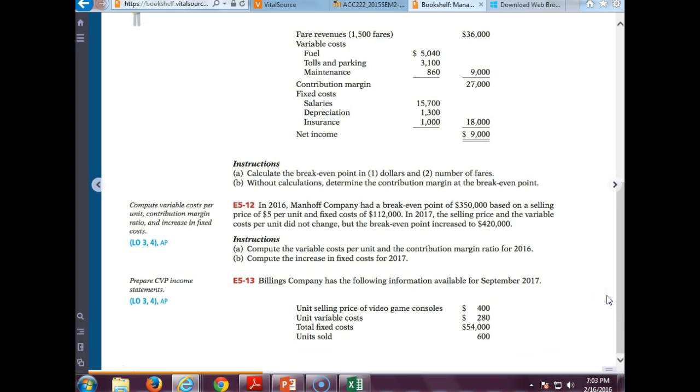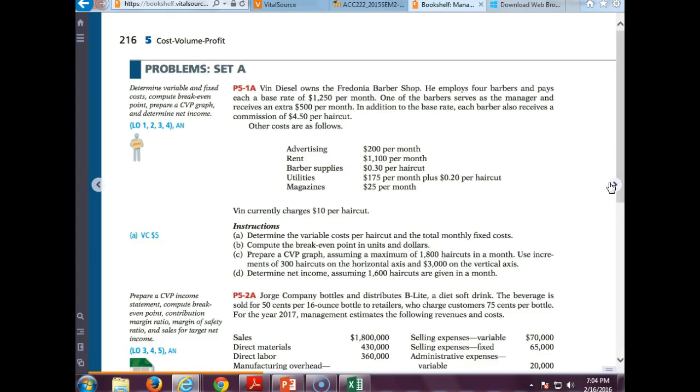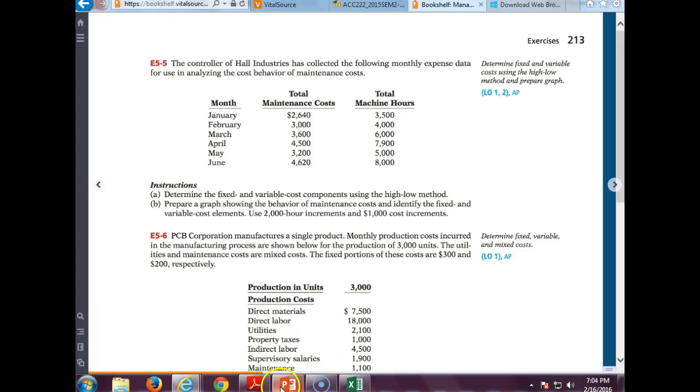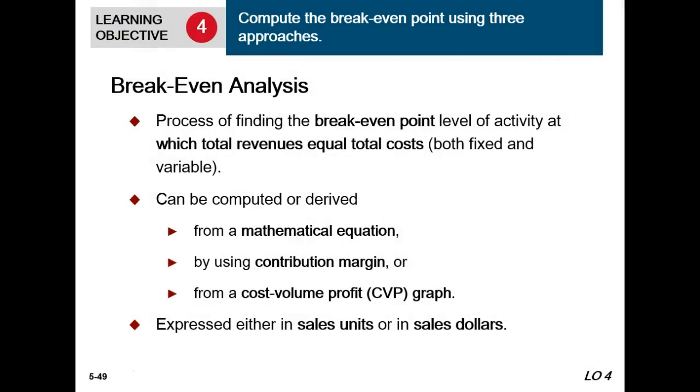In 2016, Manoff Company, I'm not going to, no, I need to move on to the next one. Let me see here. You know what, I'm just going to continue on. Let's look at break-even analysis, then we'll do a bunch of problems afterwards.